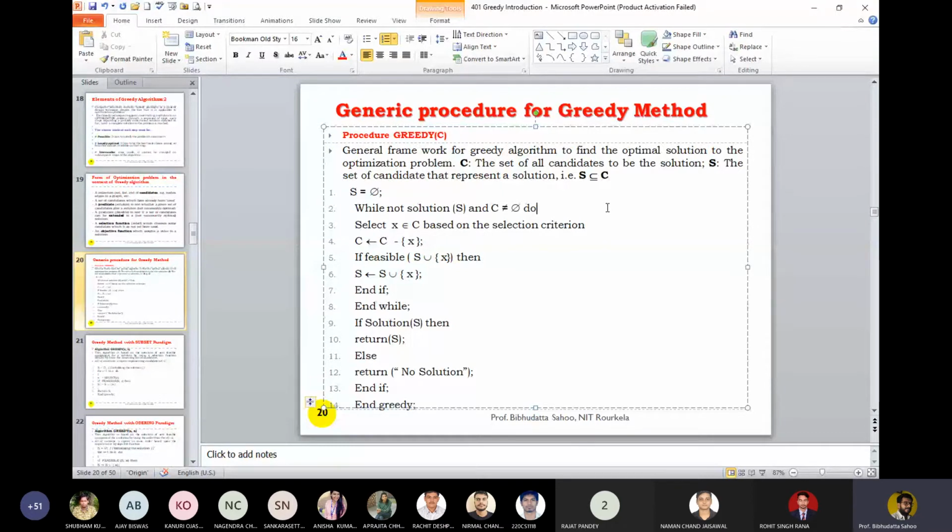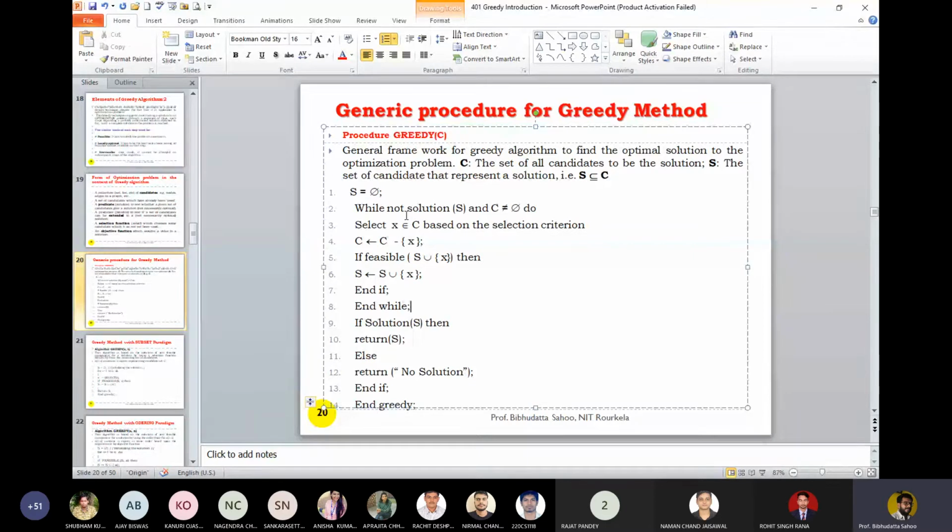Let us say I'm constructing a spanning tree. So here my condition is that if all the n vertices are connected, then I'll stop, or else I'll stop when the candidate set is empty. And as long as the candidate set is not empty, we continue, because we try to select an edge and examine whether it is a part of the spanning tree edges.